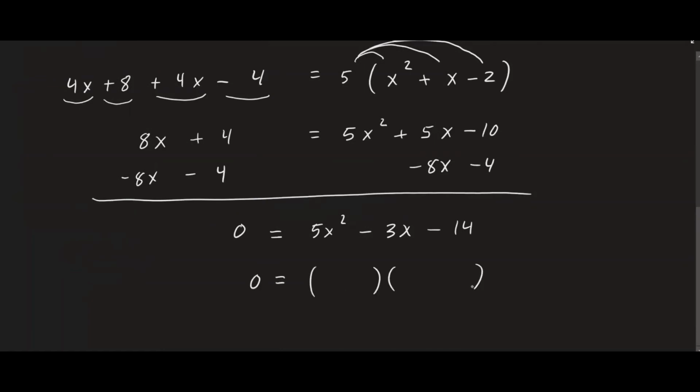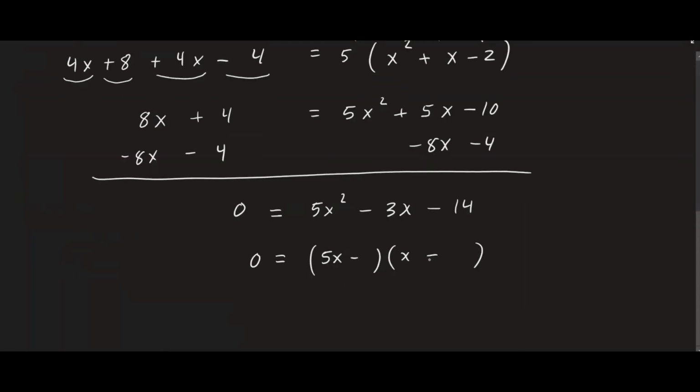So let's see, we can do 5x and x here, and then positive 2 here and negative 7 here. So will that work? Well, it looks like it's not going to work.